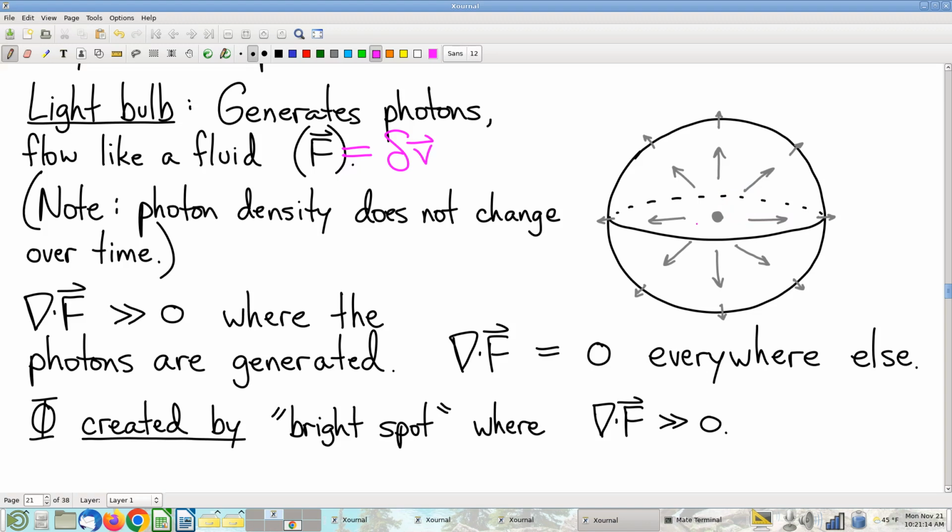By the way, if you want to know specifically what this vector field is and how I would go about writing it down, one point of view you can take is that in some sense how spread out the photons are goes with the area. Because if you take this sphere here, how many photons are spread out over this area? Well, all of them, right? All the photons that come out of the light bulb, they all hit this great big sphere.